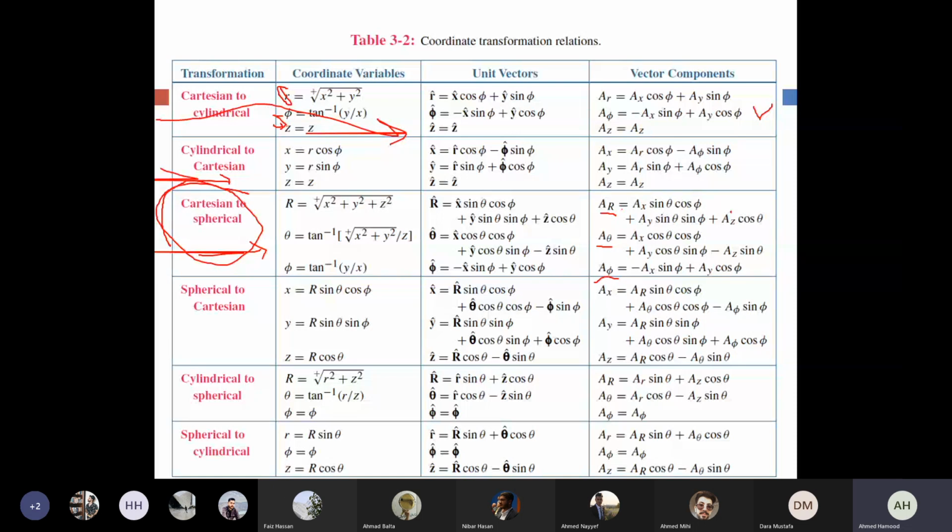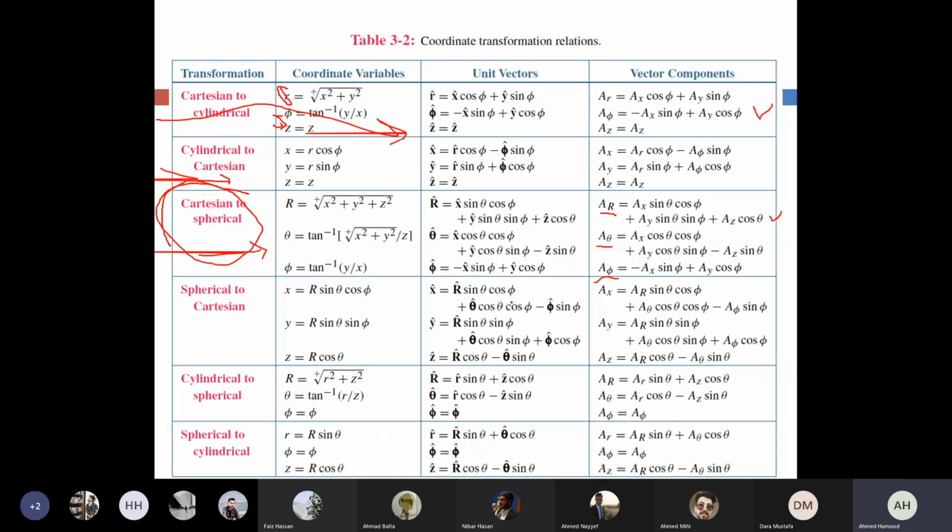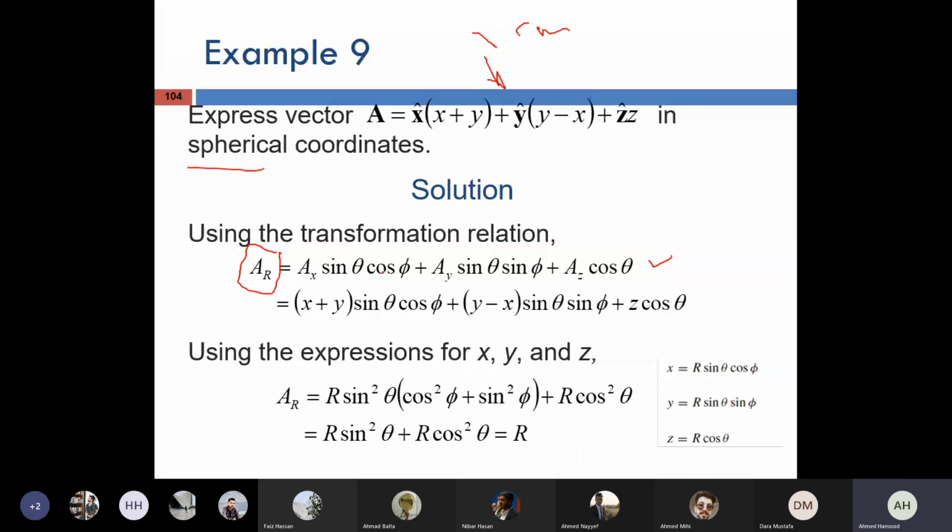Let's write it back. I will just write the first one. From where did I get this? From the table, from here. I just copy this and put it there. Once you copy this, then you have to identify a_x. a_x is this one.